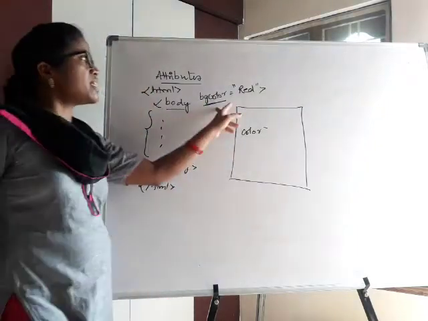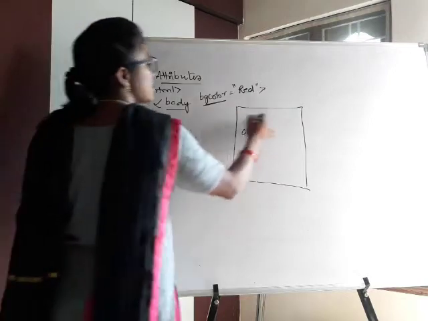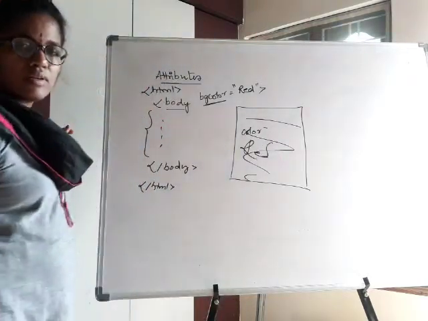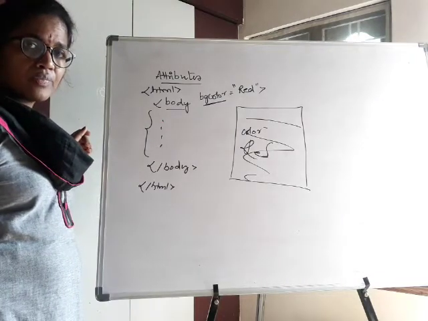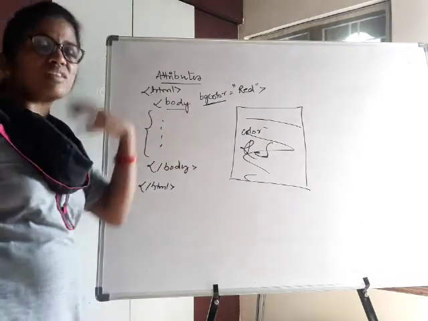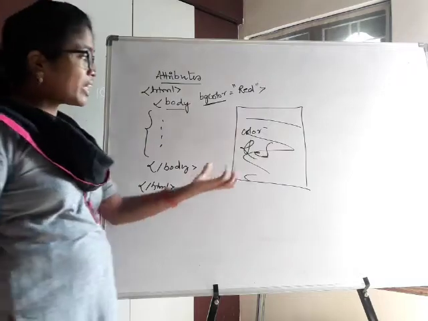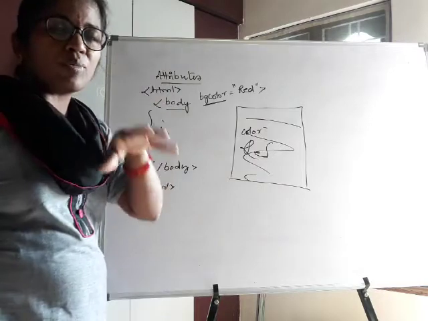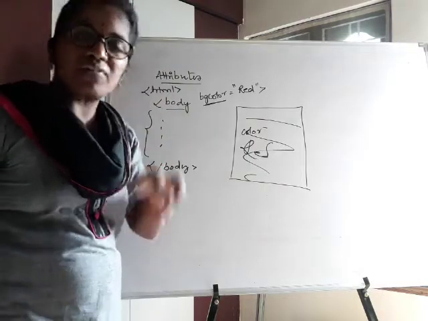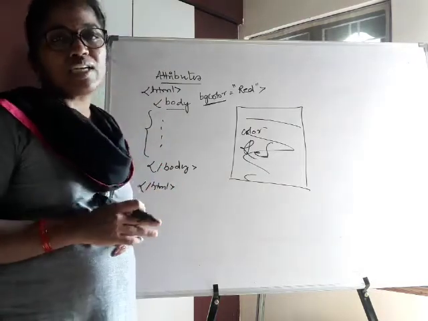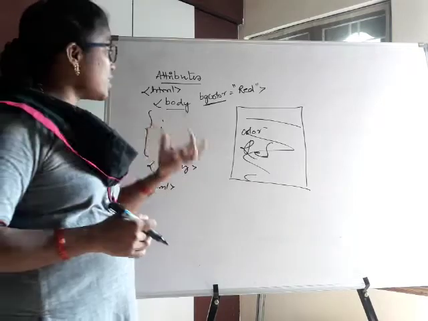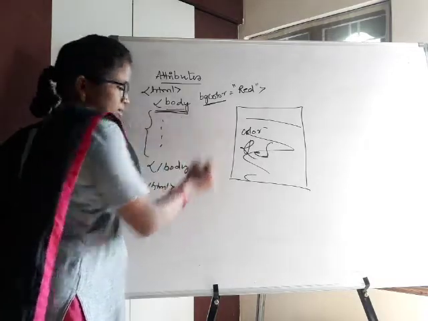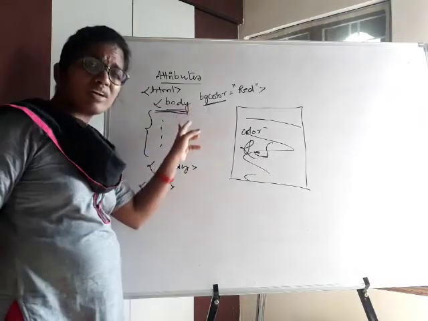Whenever I assign like this, it makes the color red. Here I can insert images also. I can have a background image also. Like this, different tags have different attributes in HTML, which gives some added advantage to the already existing tag.